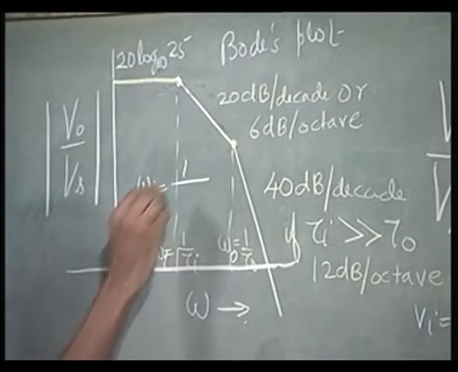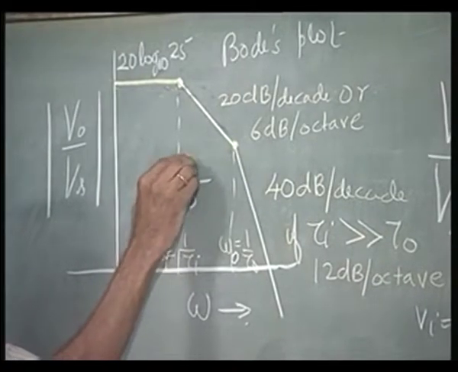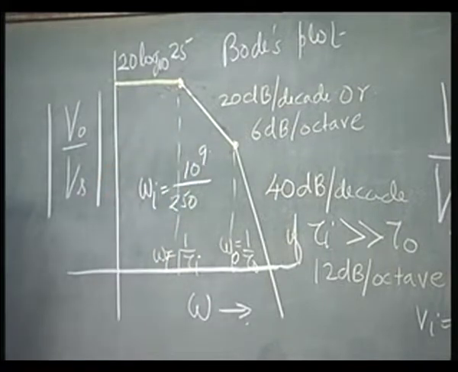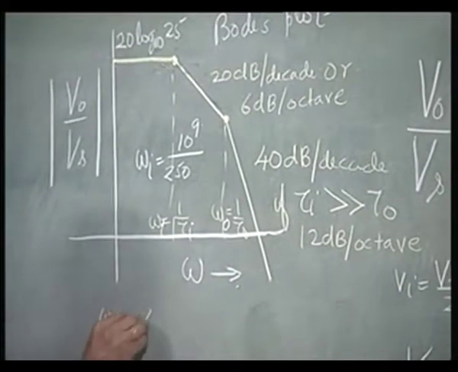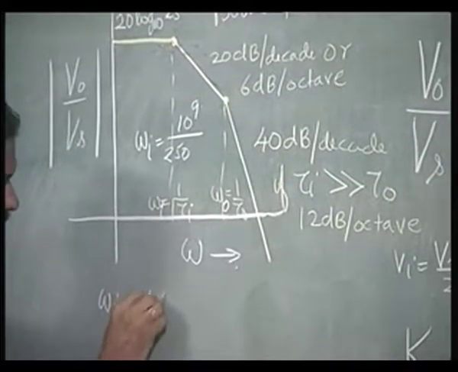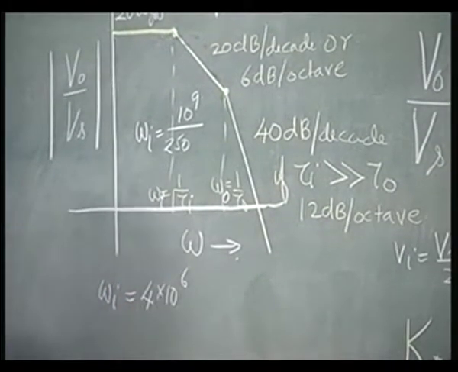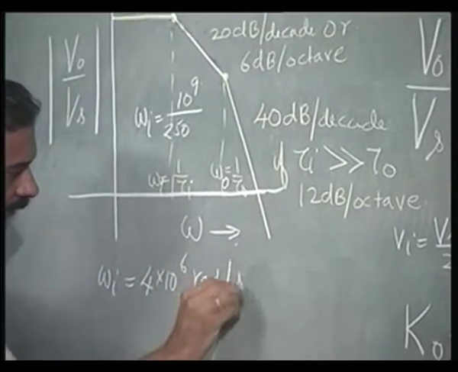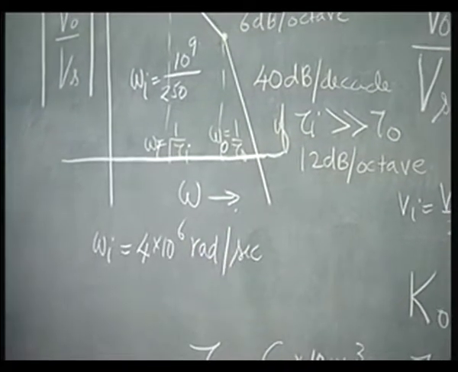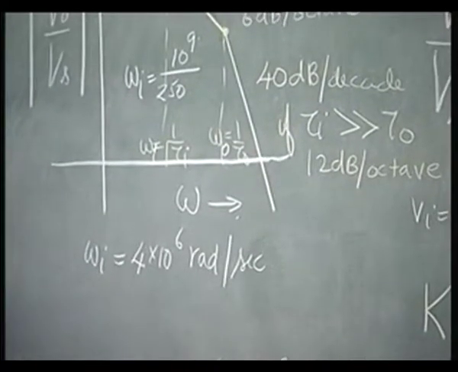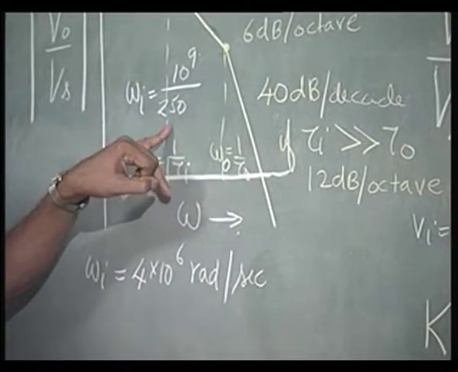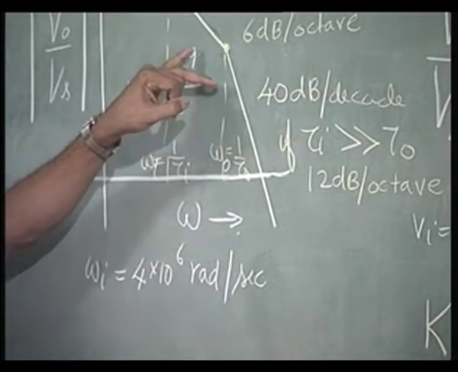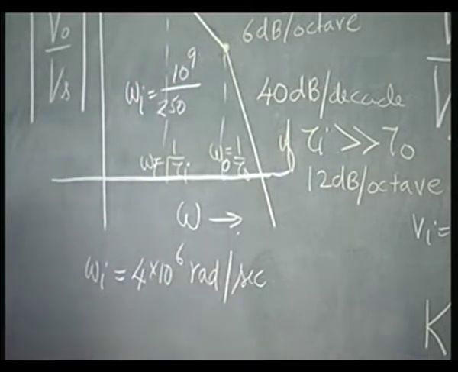So, omega I equals 1 over 250 nanoseconds, therefore 1000 divided by 250, that is 4 into 10 to the power 6 radians per second, or 4 mega radians per second.